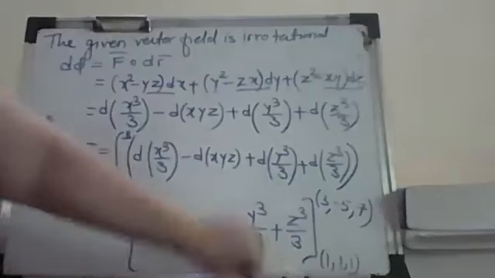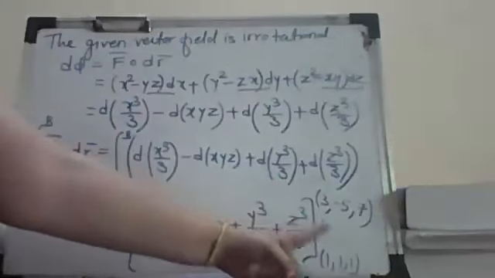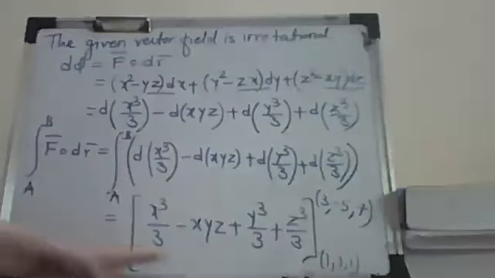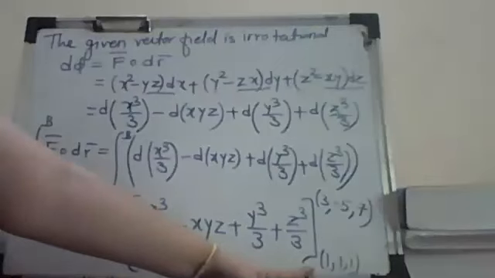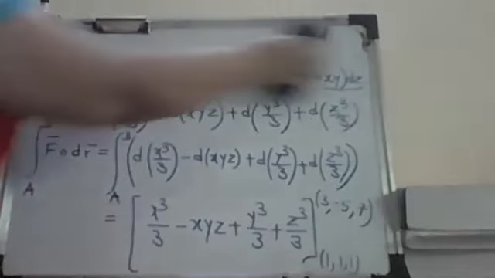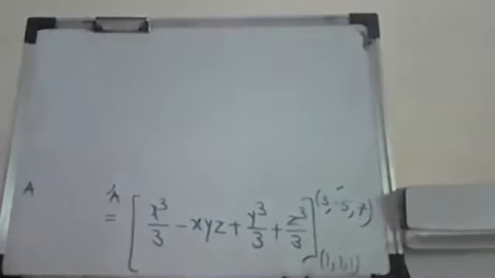What are the limits? The upper limit is (3, -5, 7), that means the value of x is 3, y is -5, z in this case is 7, minus the lower limit, where x, y, z values are 1, 1, 1. So I just substitute these limits here.